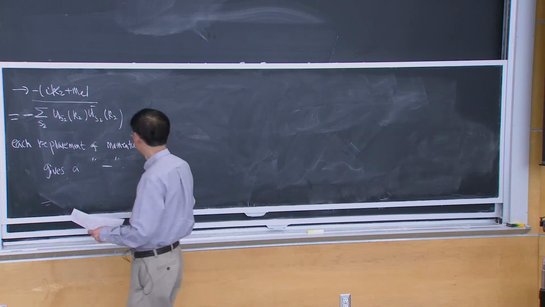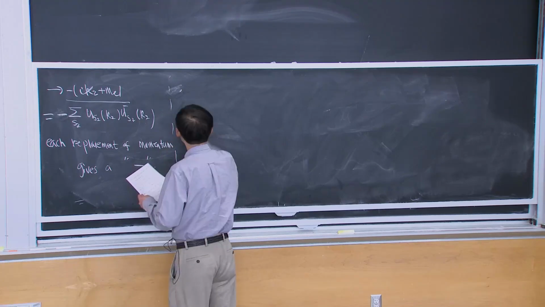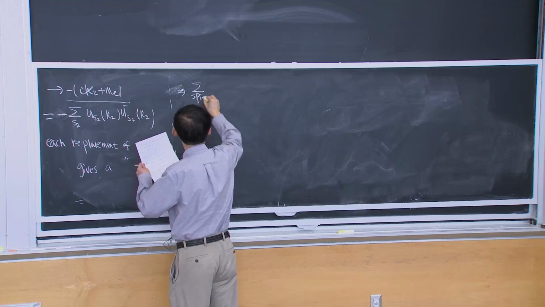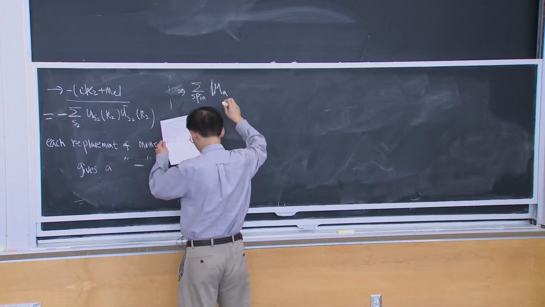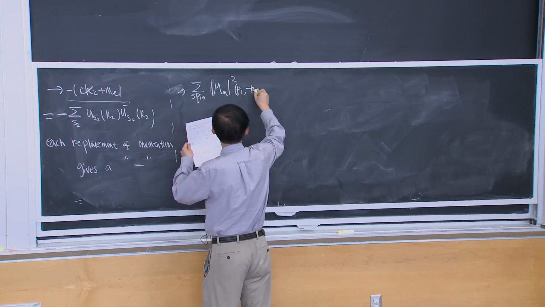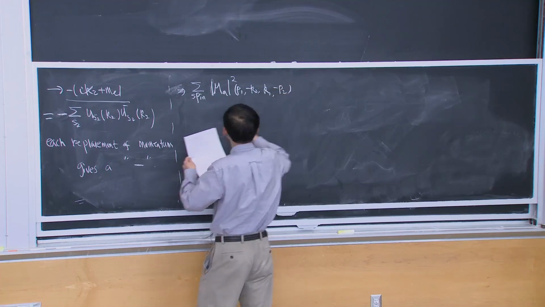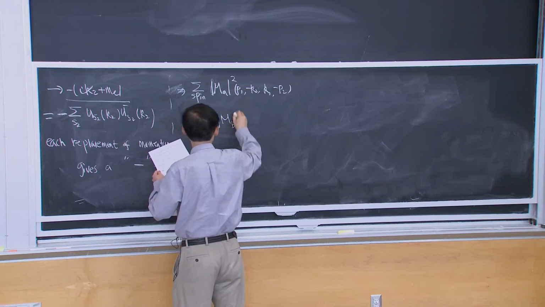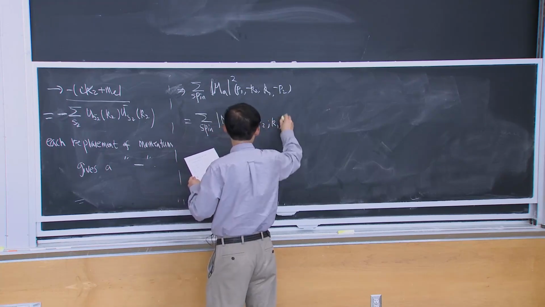So we conclude that the sum over spin of the amplitude squared evaluated at P1 minus K2 and K1 minus P2 is the same as the sum over spin of the amplitude for B squared evaluated at P1, P2, K1, K2.